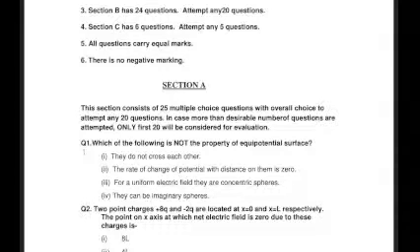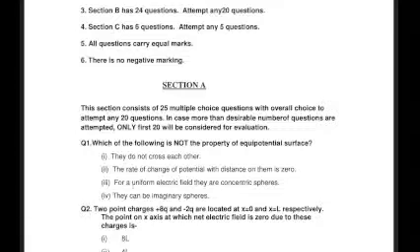Question number 1. Which of the following is not the property of an equipotential surface? 1. They do not cross each other. 2. The rate of change of potential with distance on them is 0. 3.